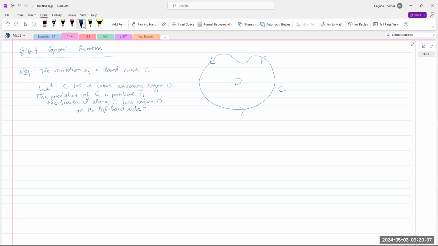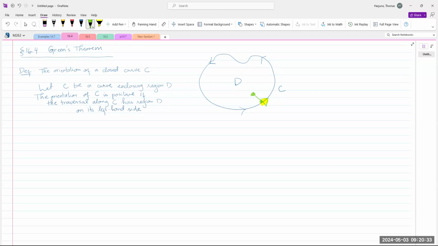So let's say Thomas is actually standing here. How do we know whether I'm supposed to go clockwise or counterclockwise? Then you see where the region D is located. I will travel this way if my left-hand side is the one touching the domain.